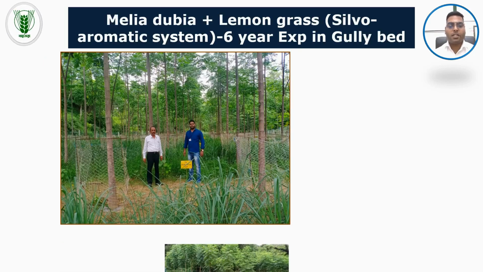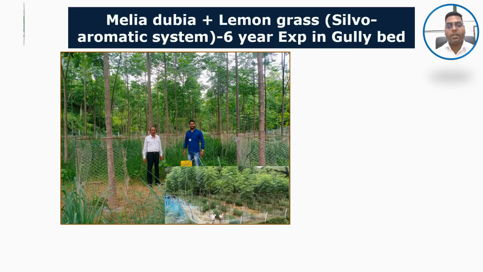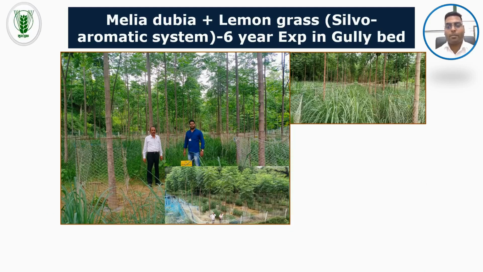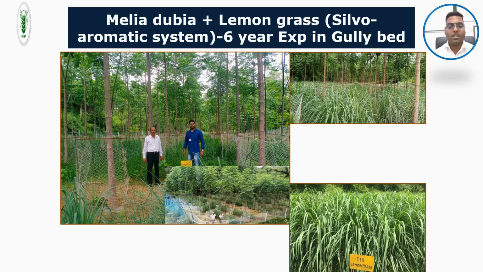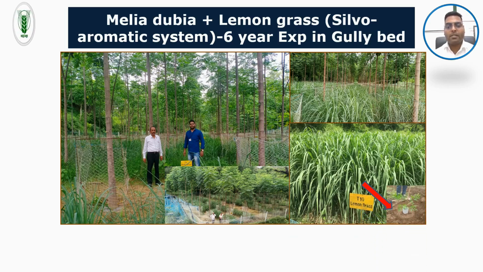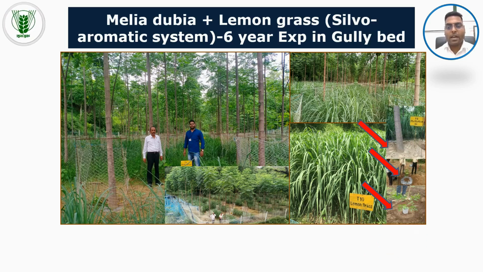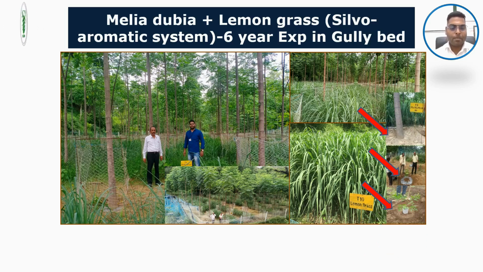A silvo-aromatic system of Melia dubia, which is also known as Malavembu, along with lemongrass, was developed in Mahi ravines with modified planting techniques such as subsurface planting, plastic mulching, and microsite improvement.